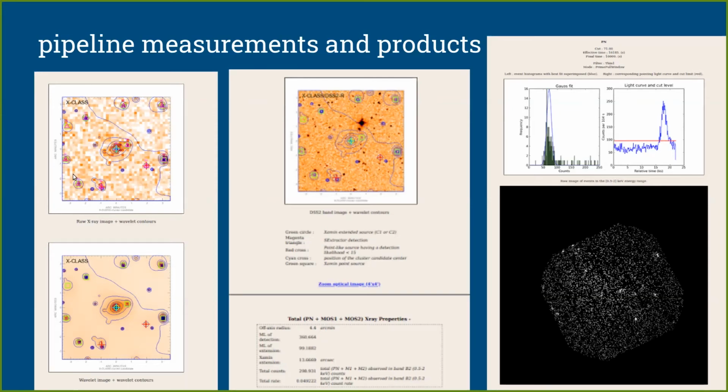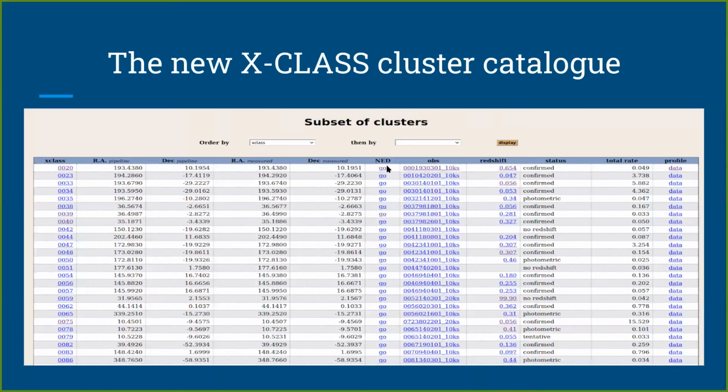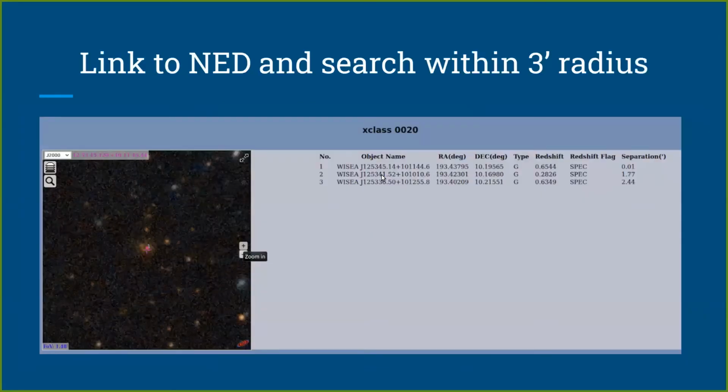You get access to X-ray images, the detections, the contours, the results of the pipeline, also images in different XMM detectors and details of the X-ray processing, like the event files. So everything you need.